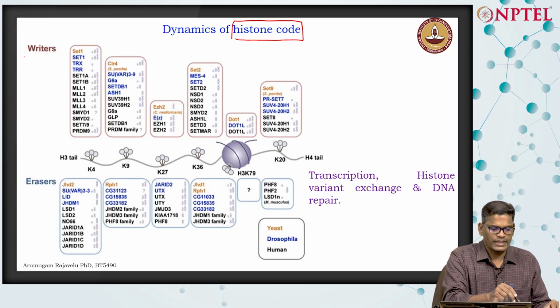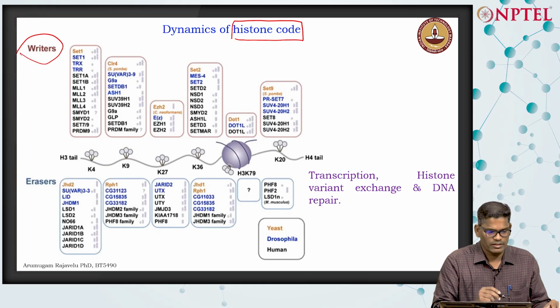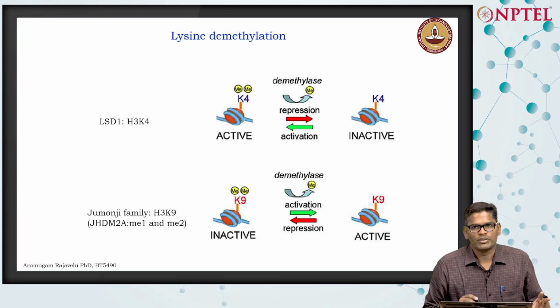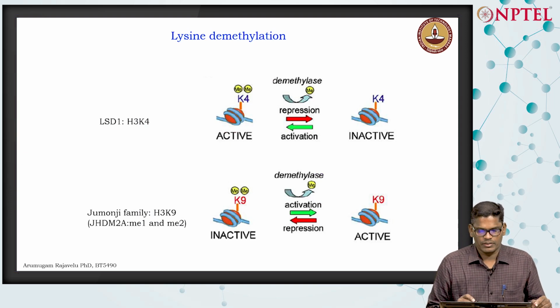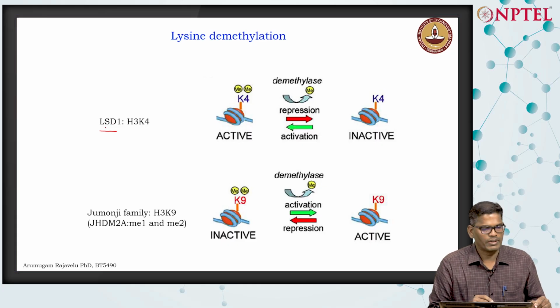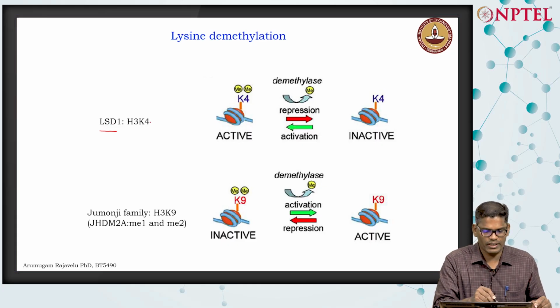The writers we discussed so far are essential, as well as the erasers, which I'm going to talk about today. There are two major proteins which play a role in the demethylation of these histones. One is LSD, that is a lysine specific demethylase, which specifically demethylates the gene activation mark.